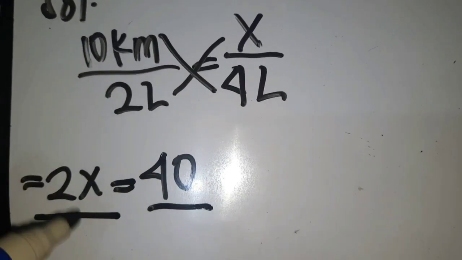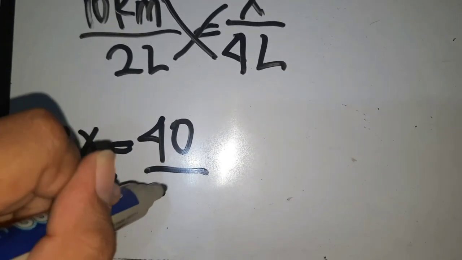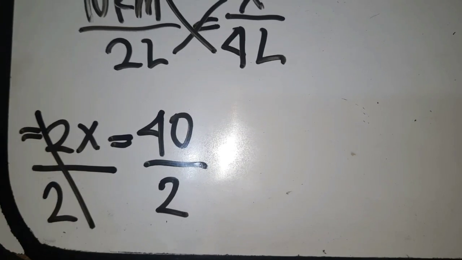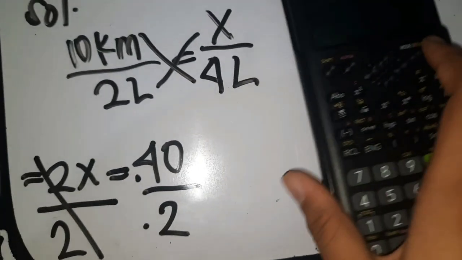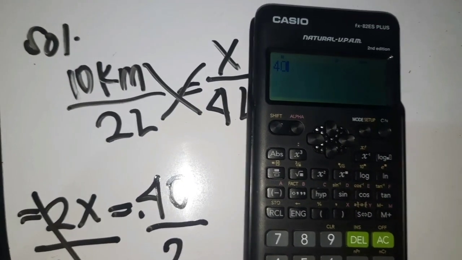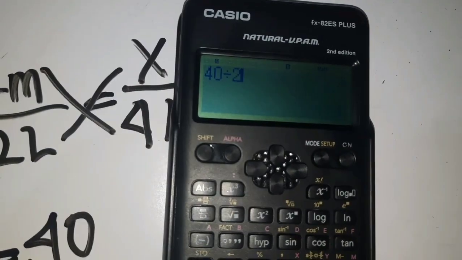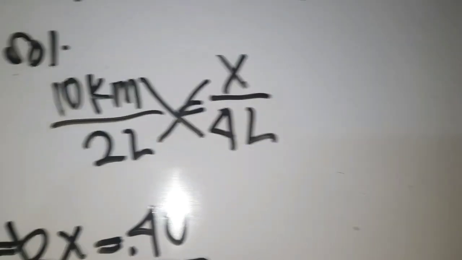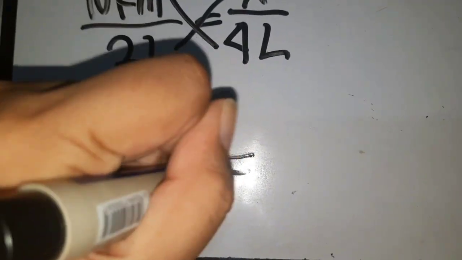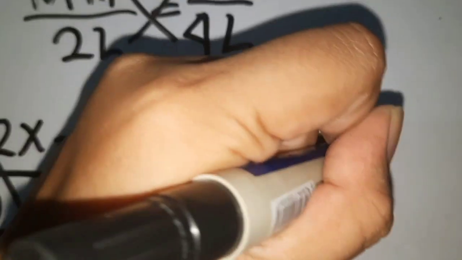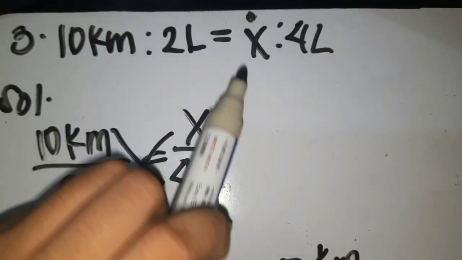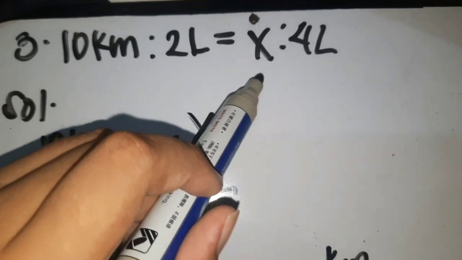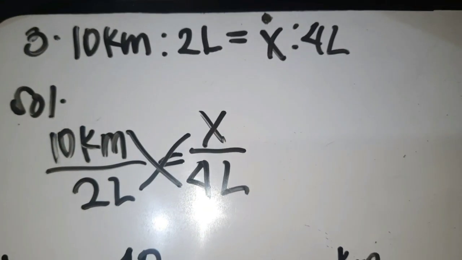Then, we divide by 2 and cross out. Then, 40 divided by 2. We compute it. The result of x is 20 kilometers. So, x here is 20 kilometers is to 4 liters.